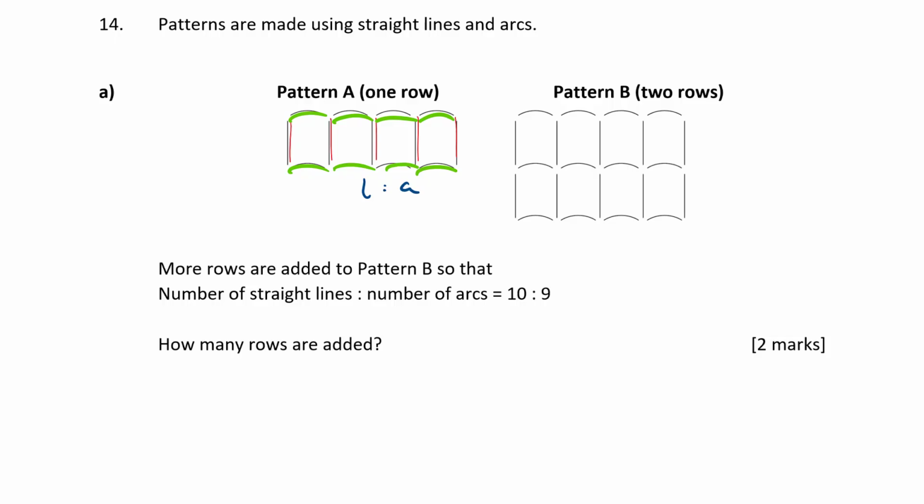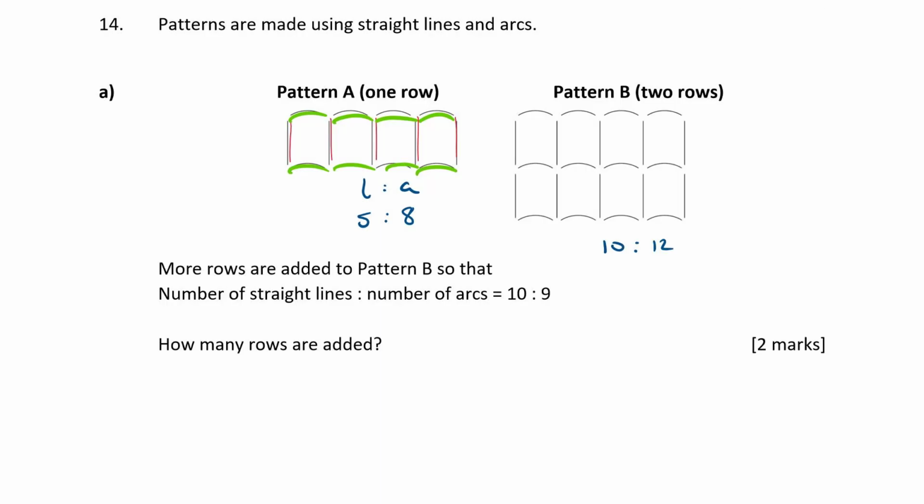So the ratio of that first one is 5 to 8. Okay. In my second one, I've got 5 more lines, haven't I? So that doubles up to 10. And then arcs, I've got 1 extra row, so 4, 8, 12. It goes from 10 to 12.